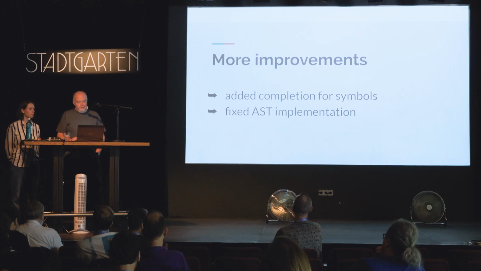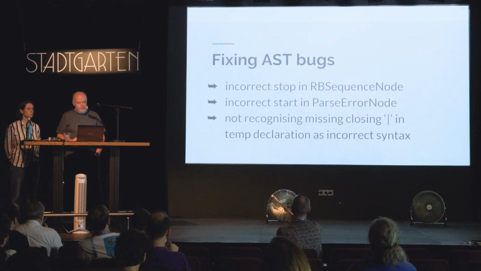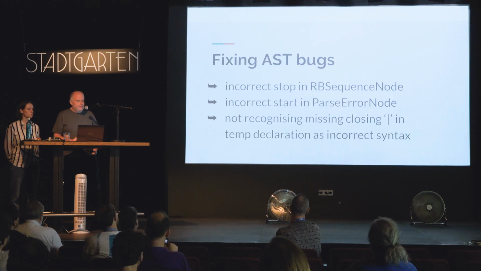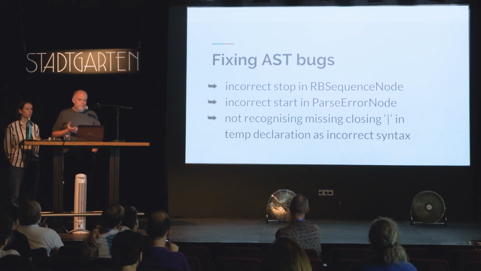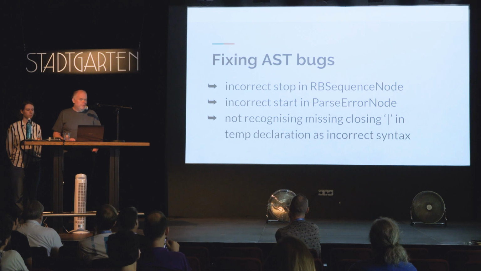Another thing that we did is we found some problems in the AST implementation. The AST was actually not used for our purpose before. That means that there were either newly introduced bugs or things that never worked. For example, an incorrect stop when you asked the sequence node, it didn't really know where the start and stop was.